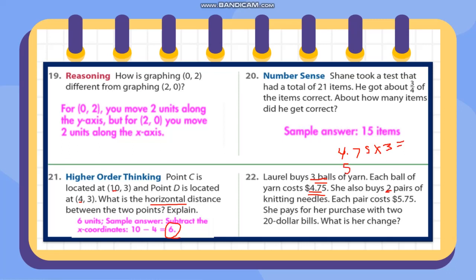So we just simply multiply 5.75 by 2. And how much money does she have? Okay, so 2 $20 bills is equivalent to $40. Now, what is the total amount of money that she needs to pay?